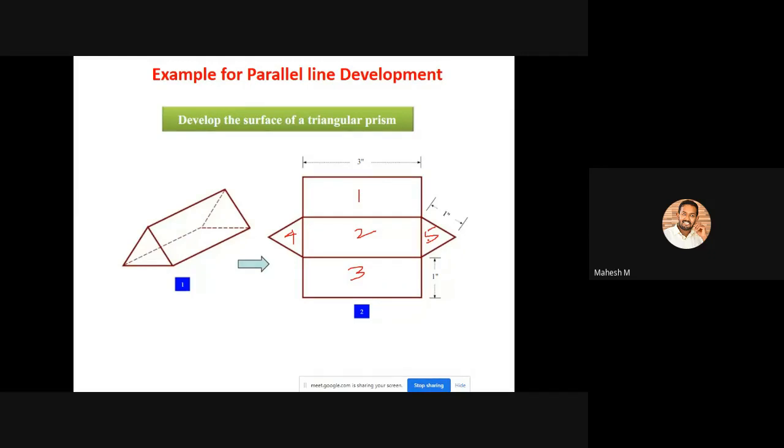The top and bottom will look like a triangle. So this one also comes under parallel line development because we are drawing these longer edges parallel. So look at these longer edges. These longer edges are drawn parallel.